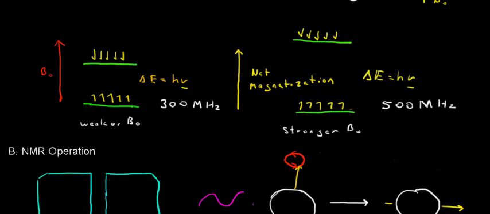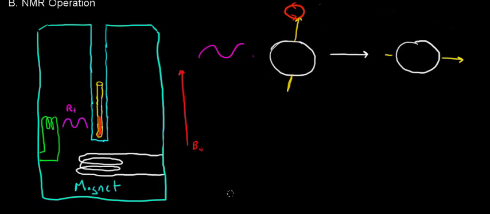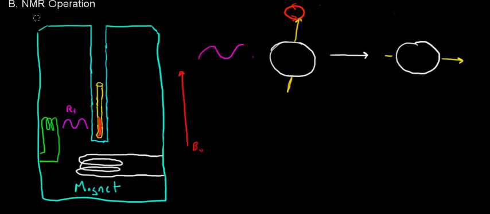The net magnetization now is no longer in the direction of the applied magnetic field. Since we've tilted some of these nuclei perpendicular to the magnetic field, the net magnetization is now perpendicular to the magnetic field. I think I'll represent that down below. So here is our net magnetization again.